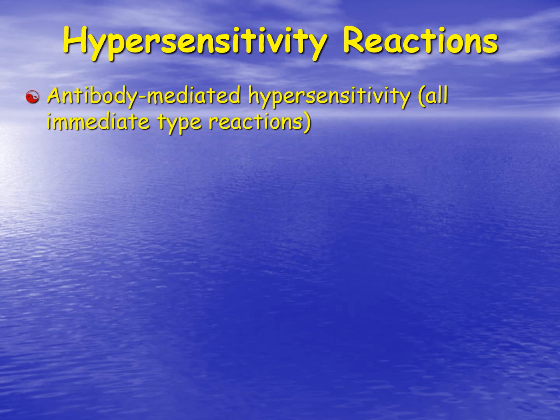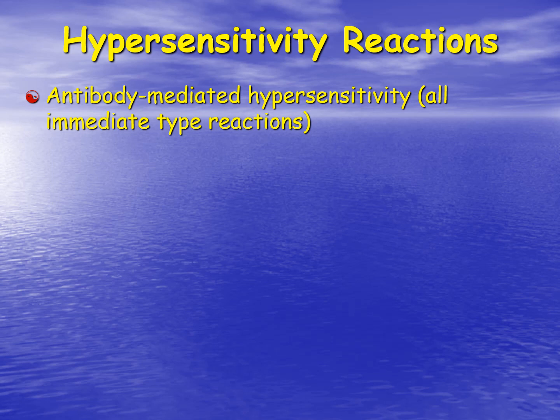There are four main types of hypersensitivity reactions, and these are all based upon what type of cell is involved or cells, what type of antibody is involved or not involved at all. The first three types are antibody-mediated hypersensitivities, and these all are immediate type reactions.